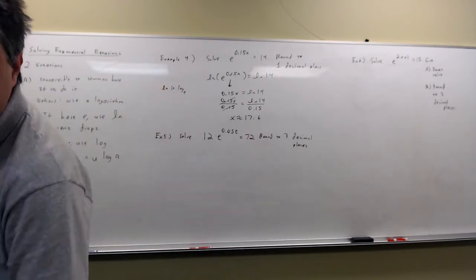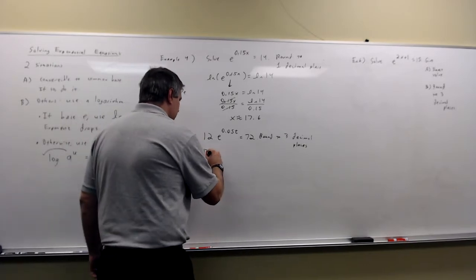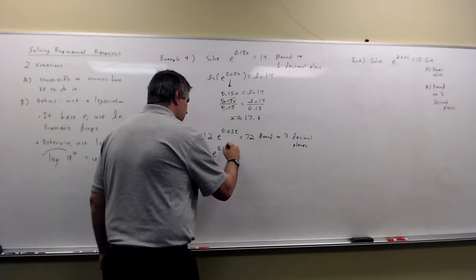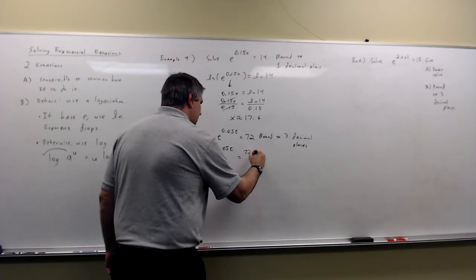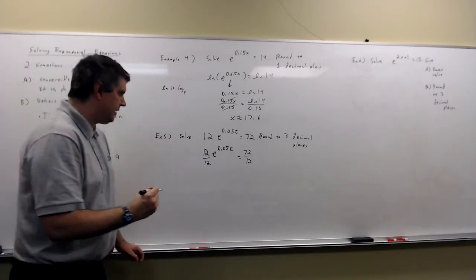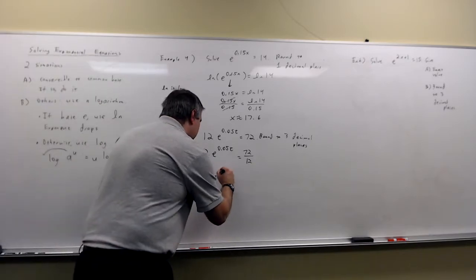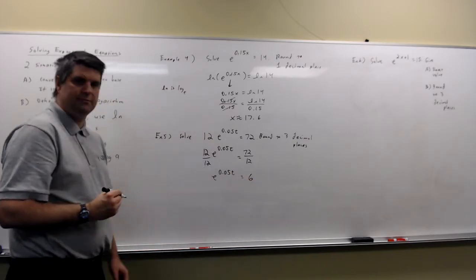Okay, here we're going to have to divide off that 12 to isolate the base. Okay? So that leaves me e to the 0.05t equals 6.